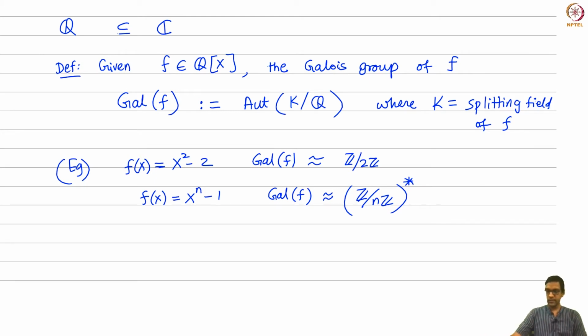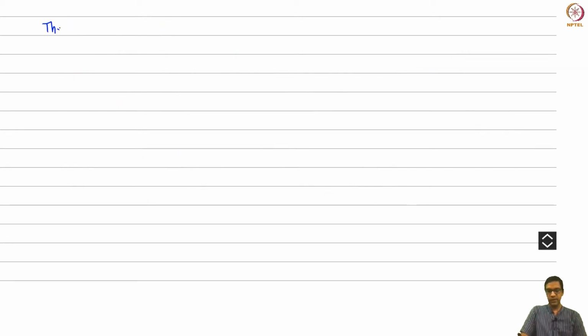Here's the eventual theorem that we are going to go towards. Let me state it up front, and there are many intermediate steps which we will take up one by one.